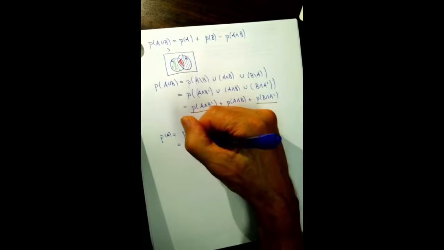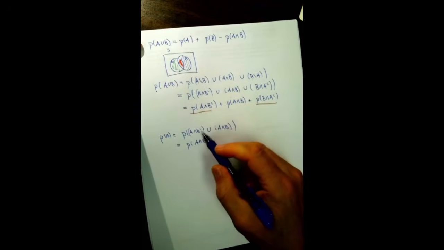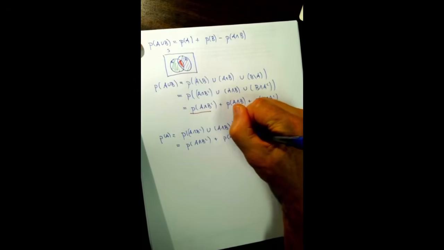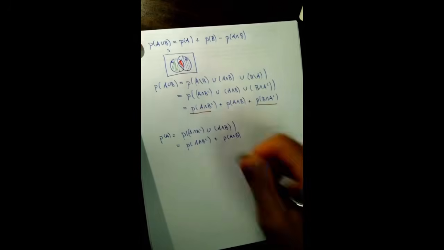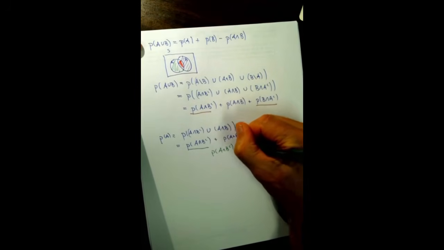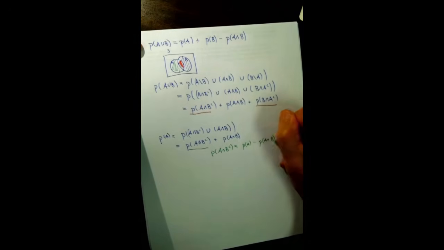These things are now disjoint sets. So that's the probability of A and B complement plus the probability of A and B. So now solving for that term, the probability of A and B complement is the probability of A minus the probability of A and B.